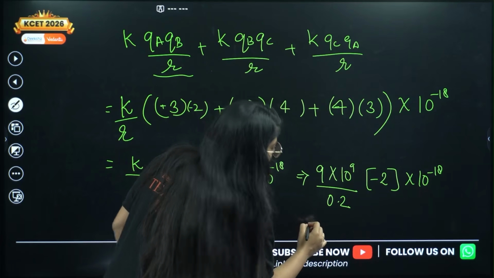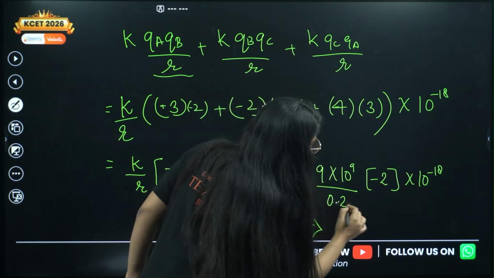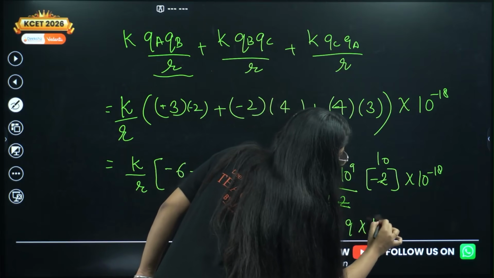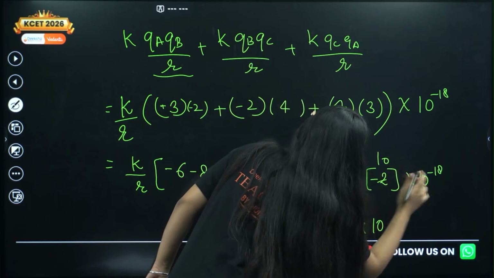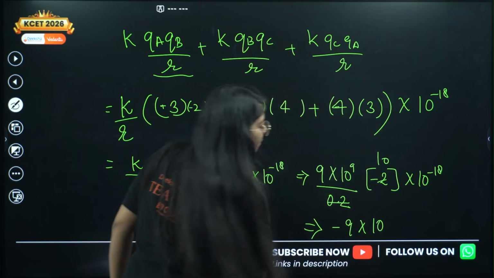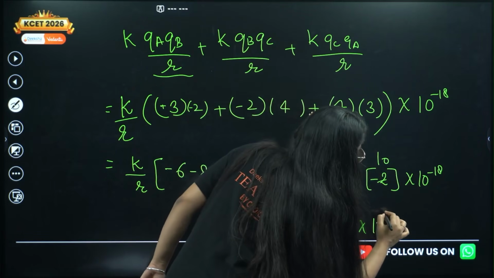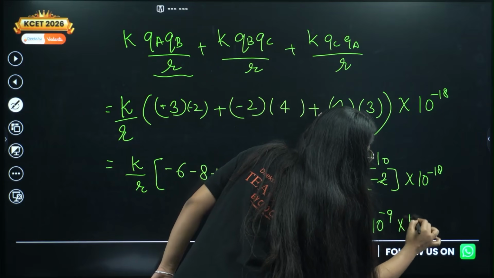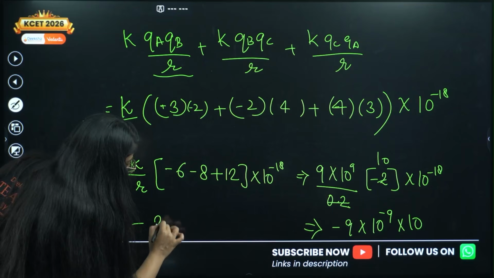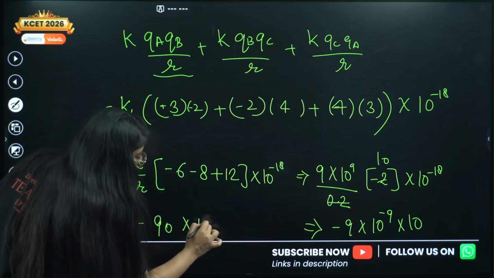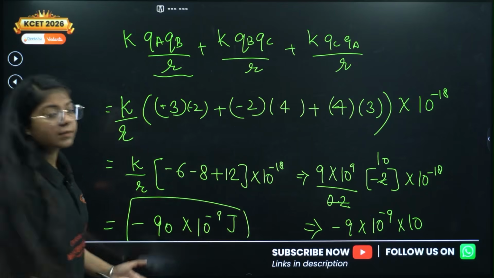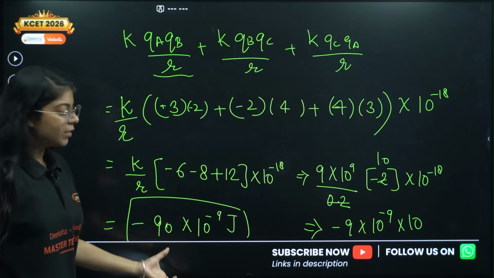So if you just solve this, you will be getting -9 into 10 raised to the power minus 9 into this 10. So this whole calculation will come out to be -90 into 10 raised to the power minus 9 joules. Yes, correct? Till here everything is clear.